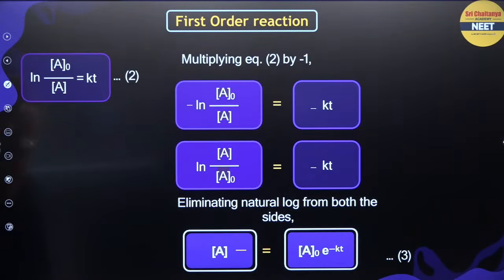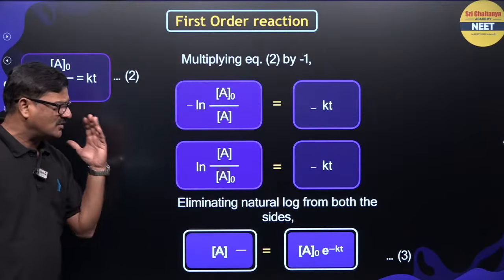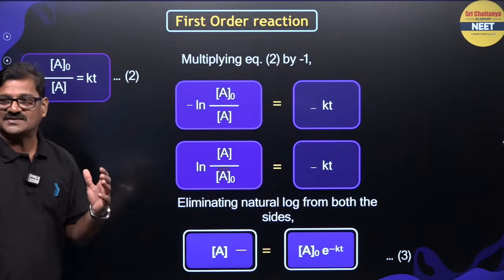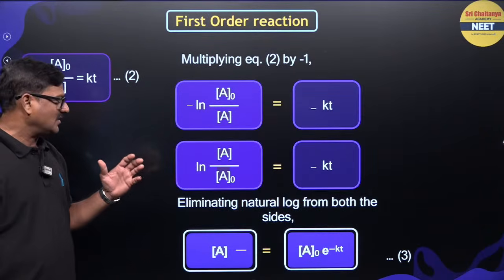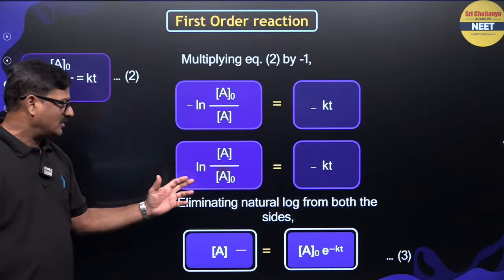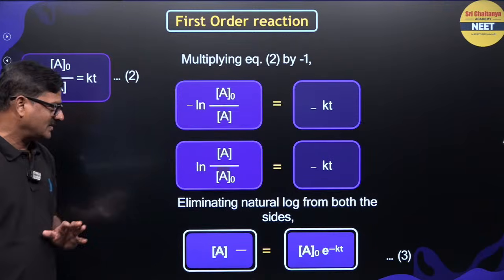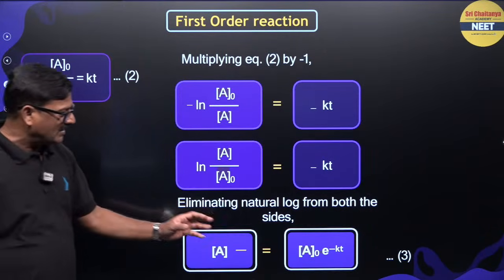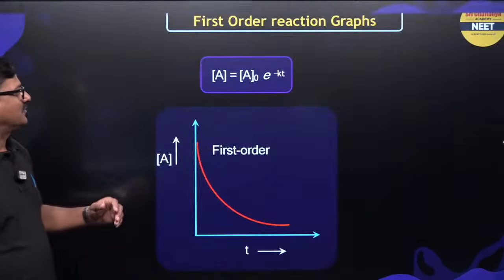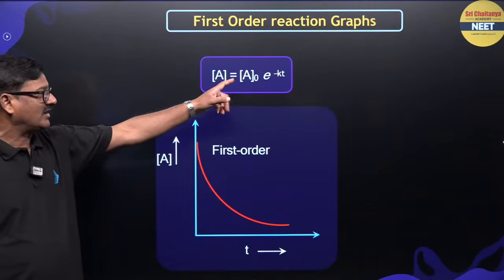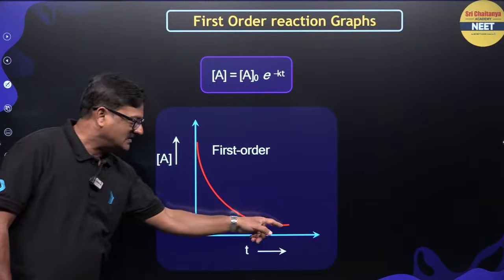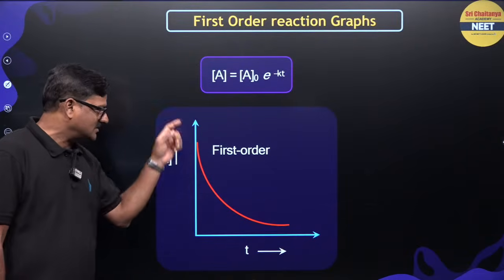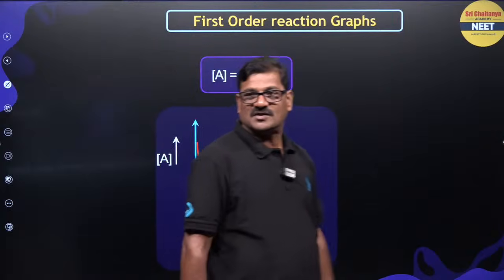The exponential version of first order kinetics is ln A upon A naught is equal to minus Kt. That is A is equal to A naught e to the power minus Kt. That gives the graph of concentration of A against time for first order kinetics.